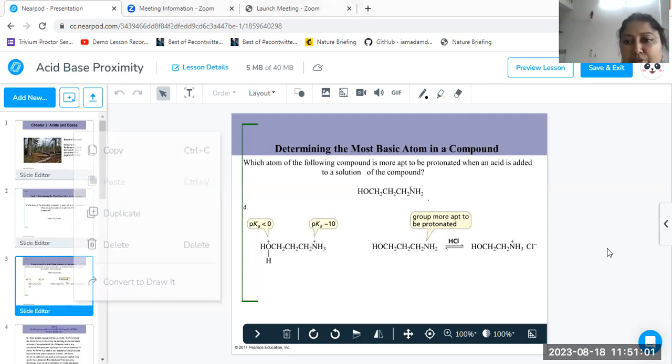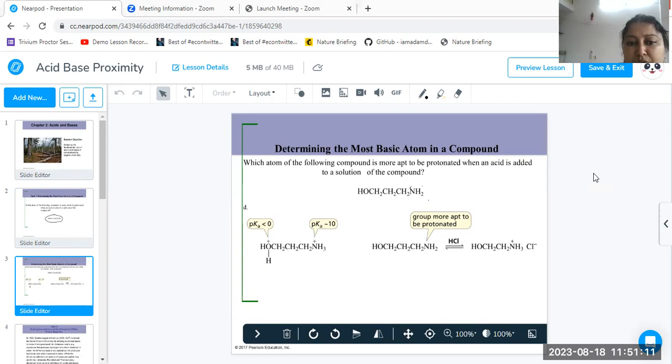So to determine the most basic atom in the compound, you have to pull up your pKa charts and check the pKa values of the different groups in this particular compound. So the hydroxyl group has a pKa less than 0, while the amino group has a pKa around 10, which makes it very basic and a weak acid.